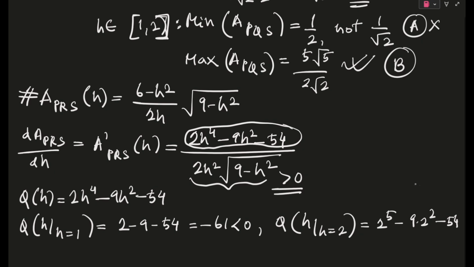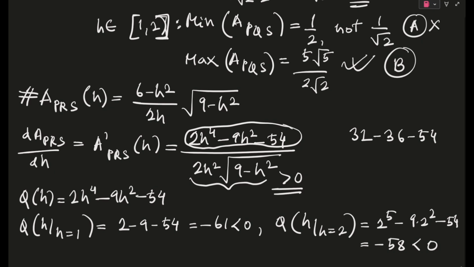Okay, so guys, if we evaluate this particular thing, wait, I will try to evaluate. 2 4s are 16, 5s are 32 minus 9 4s are 36 minus 54. Okay, minus 4 minus 54, so this is coming out to be minus 58. So both are less than 0, first thing.